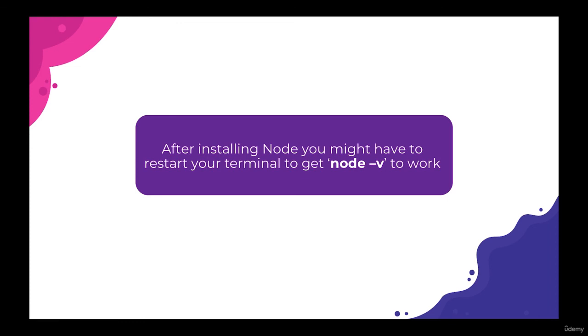But in order to get that number to appear, you might have to restart your terminal. Now, you don't have to restart your whole computer, right? Just your terminal. So make sure you close it down and quit every terminal or command line window that you have already opened, and then start back up and try running node -v again.